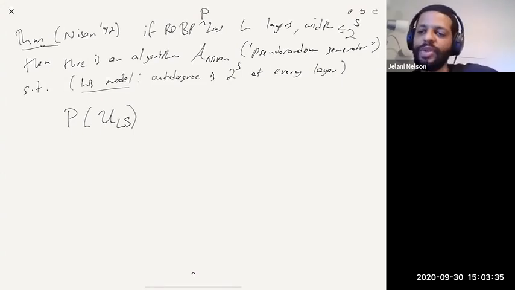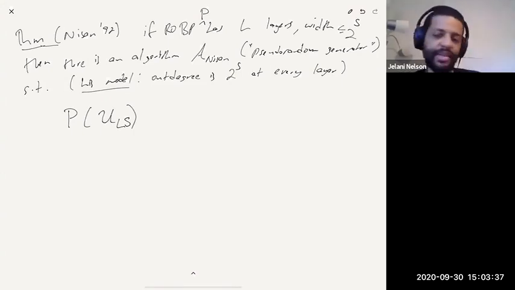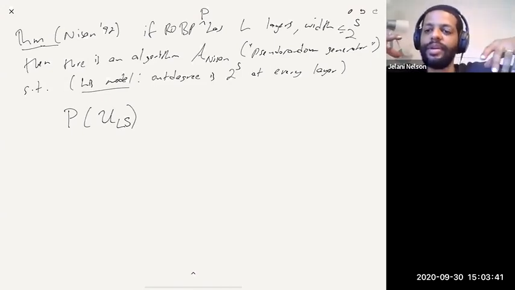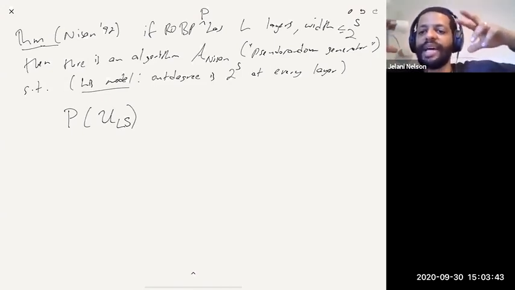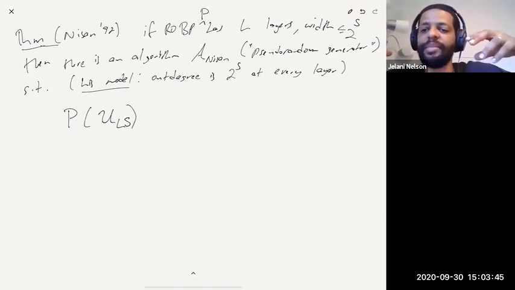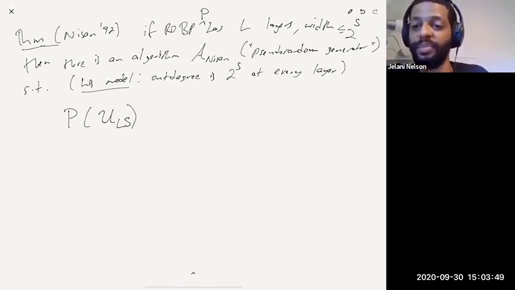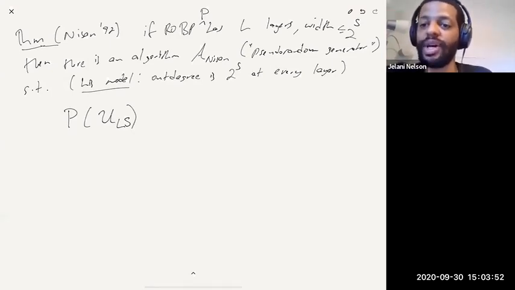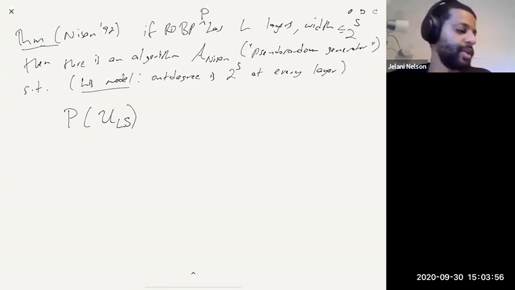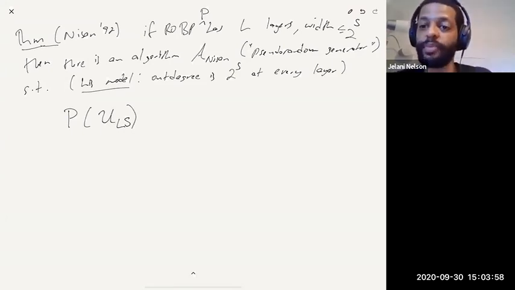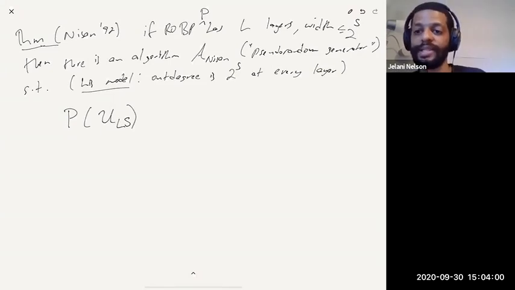So imagine you have the uniform distribution on L times s bits, and then you apply P. P is this branching program. You can think of P as computing its final memory state. So P of a string is just the final memory state of P when you run it on that string. So P on a uniformly random string is a probability distribution over final states.